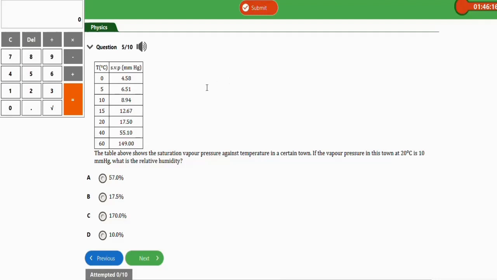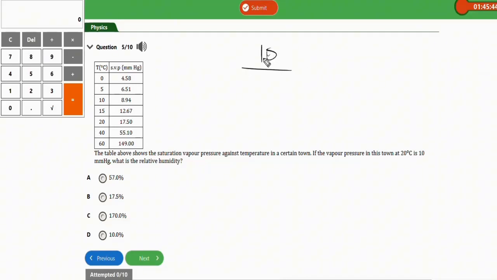Alright, so for this particular question, we are going to make use of pressure and not mass. Okay, so to solve this question, the saturated vapor pressure at dew point is 10 millimeter mercury. So it's going to be 10 over.